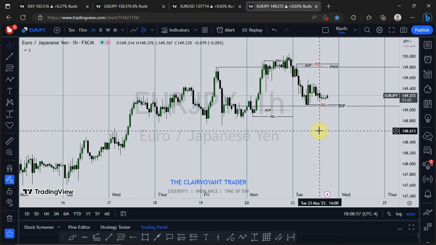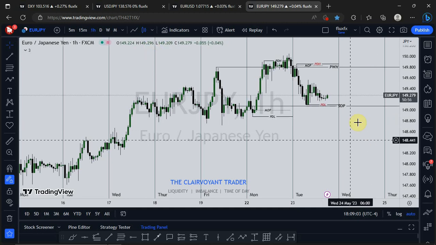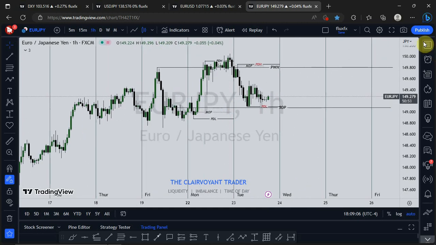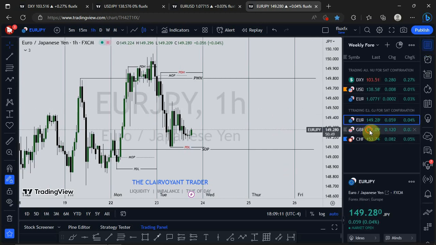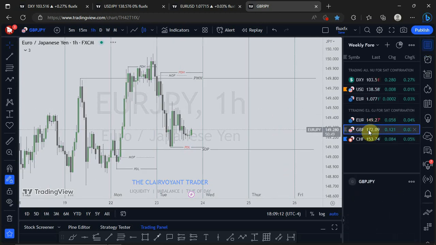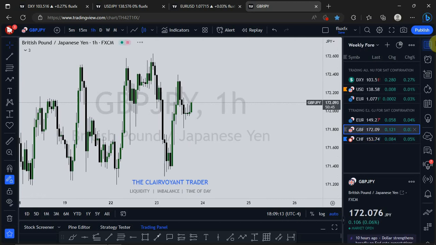So that brings to the end of the midweek market outlook. And for GBPJPY too, it is the same price action. I know some of you will be asking, why don't we look at EURJPY, GBPJPY, CHFJPY? They are also giving us the same vibe.